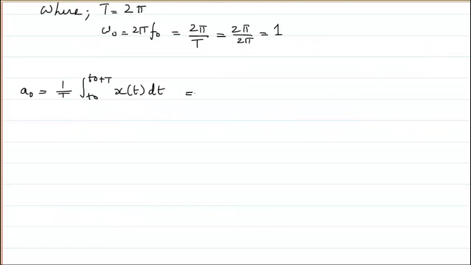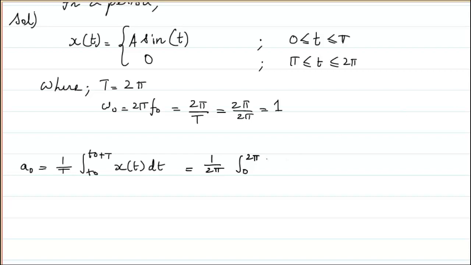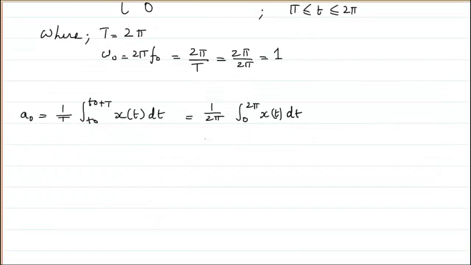Which in our case is going to be 1 by 2 pi integral 0 to 2 pi. X of t is basically this equation. So right now I will write x of t here. I will put the remaining portion in the next session. Dt, okay. So next I will write is equal to 1 by 2 pi.